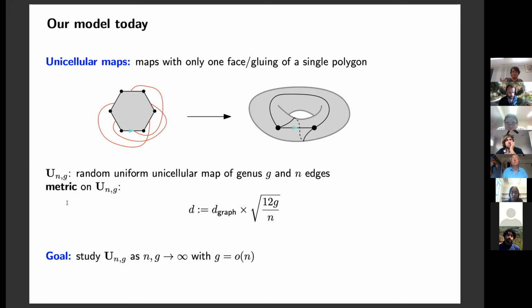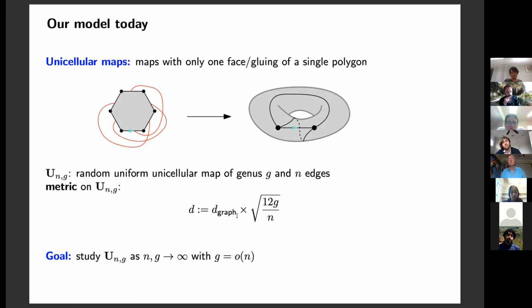Since this map is also a graph on a surface, it's a metric space endowed with the graph distance, but I'm going to rescale the graph distance by the factor square root of 12g over n. I want to study the geometric properties of this object as n and g go to infinity at any rate, with the only restriction that the genus goes to infinity slower than the size.